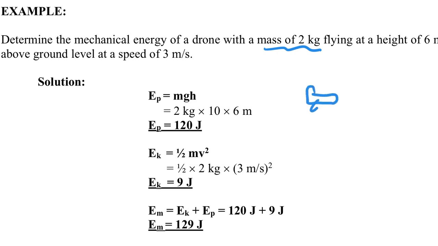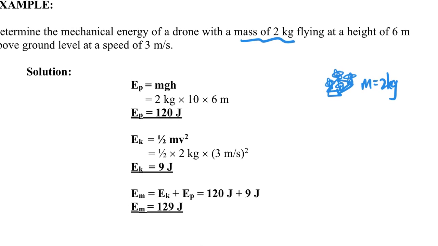I'm now drawing it like a small aeroplane, but it's probably going to be more like a quadricopter, with little blades like that, little rotors. So let's rather go that route. And we're told that it has a mass of 2 kilograms, and it's at a height of 6 meters.